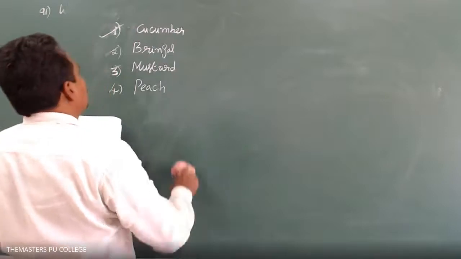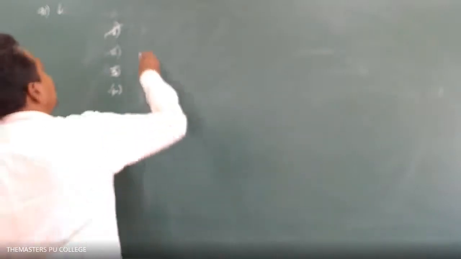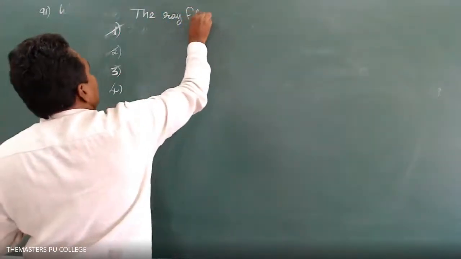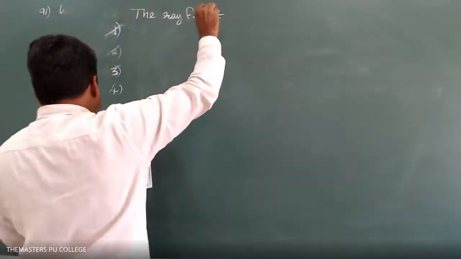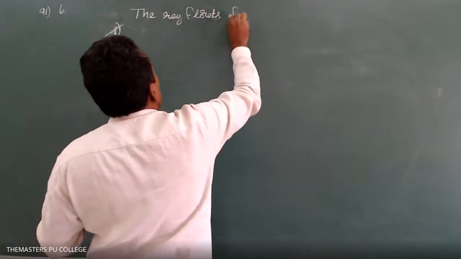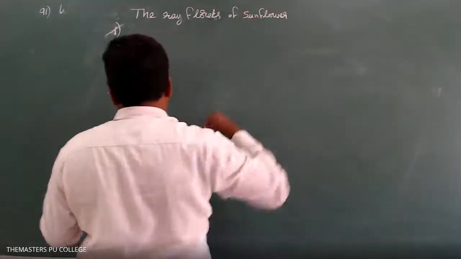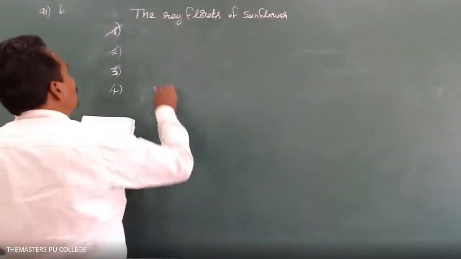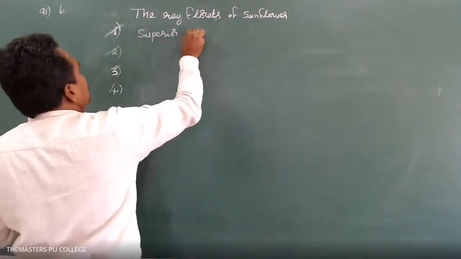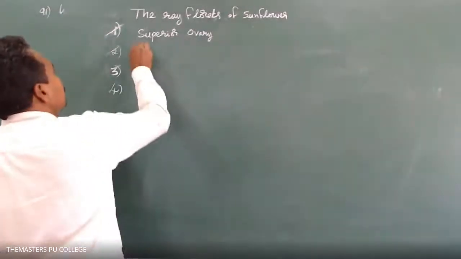Next. The ray florets of sunflower have: Option 1 is superior ovary. Option 2 is inferior ovary.